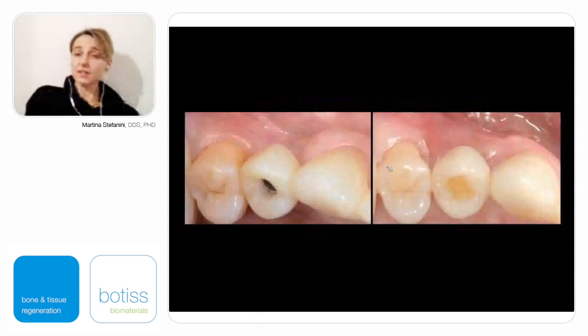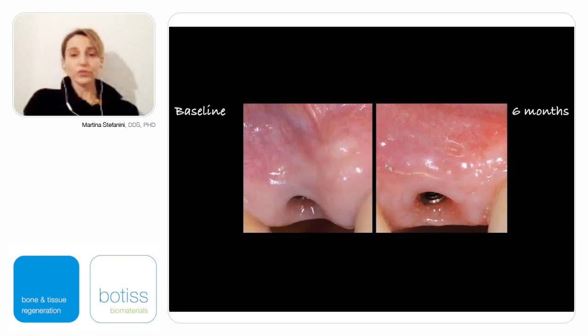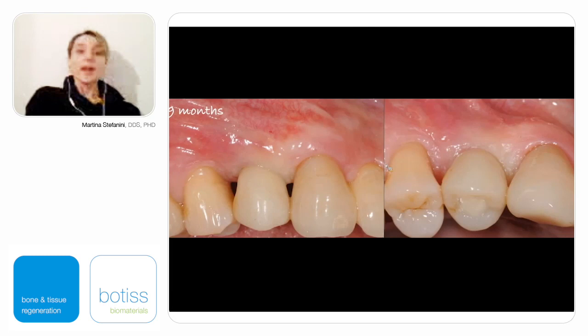And this is at the time of suture removal, and you can see during the soft tissue maturation that after 6 months the baseline concavity is now a physiological convexity, exactly as if you have a root and not an implant in this area.